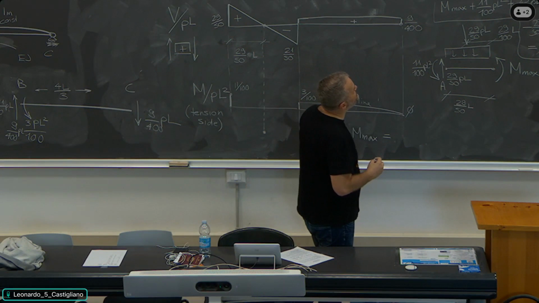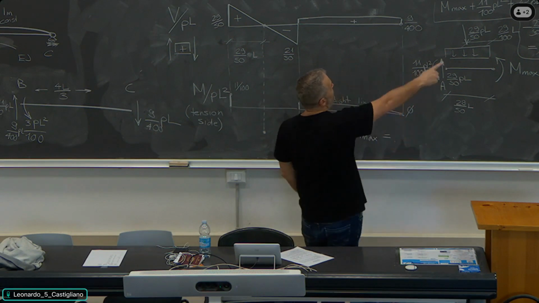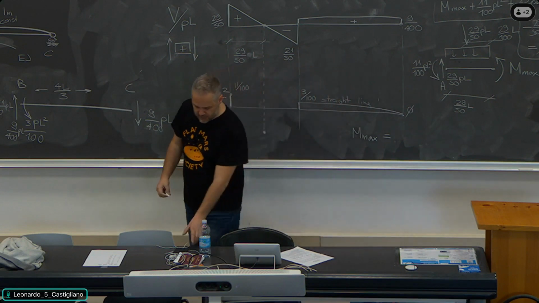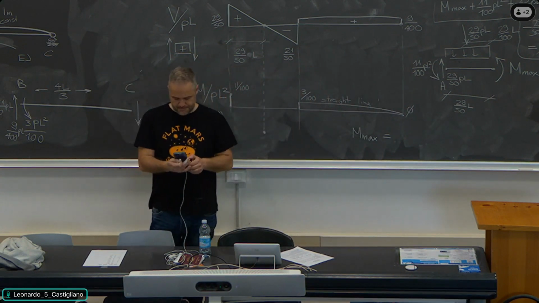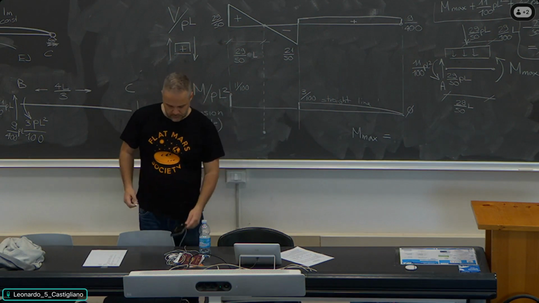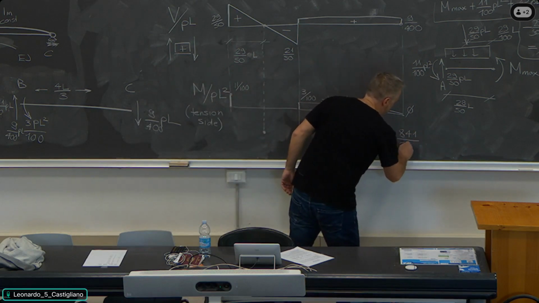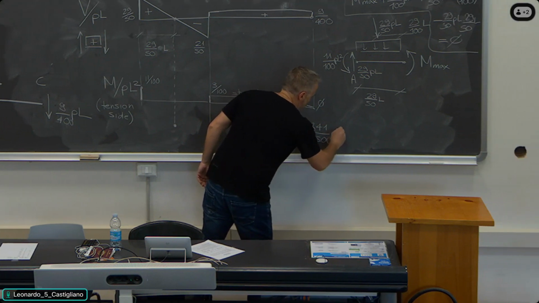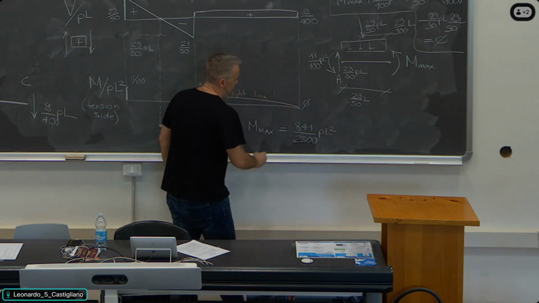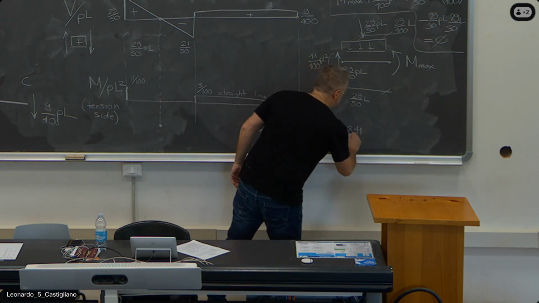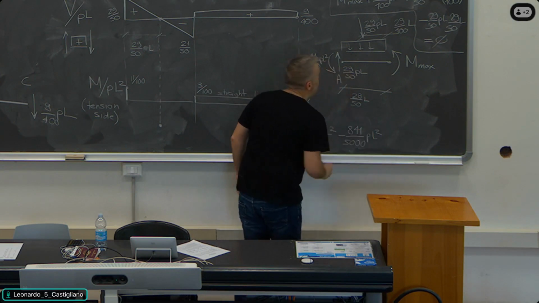29 divided by 50 times 29 divided by 50 minus its half. So how much is 29 times 29? I don't remember. 841 divided by 2500 PL square, minus 841 divided by 5000, which is its half, PL square.